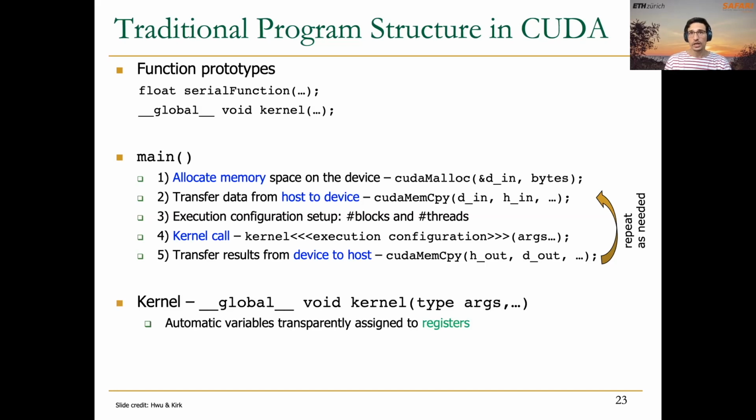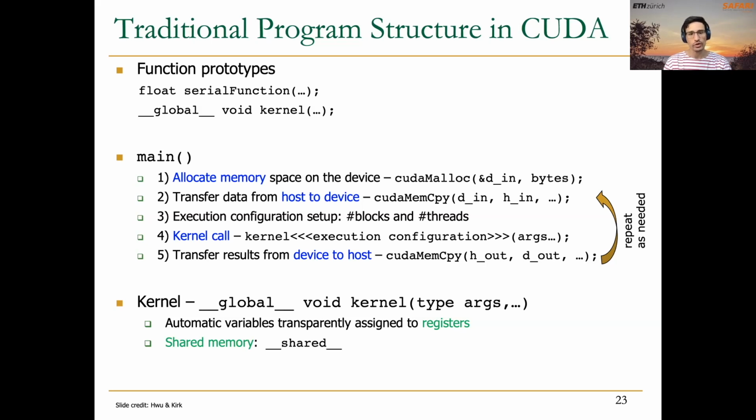Inside the kernel, as we will see, automatic variables are transparently assigned to registers, to the internal registers in the GPU core that are assigned to each thread running on this core. We also have the shared memory. We have already talked about this shared memory before.